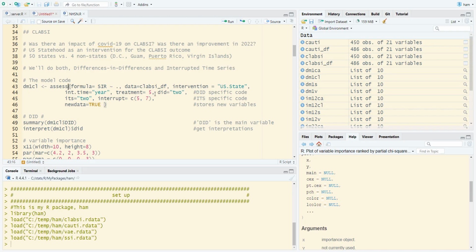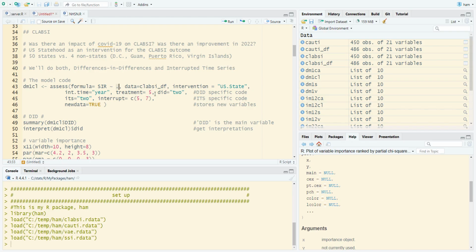And so in the assess function, we're going to first do our model formula. Our outcome is the SIR, and it's regressed on all of our routine variables for that model. So within ham, it's going to create a set of variables that represent our main variables for the analysis. One of them being a differences in differences variable, DID.